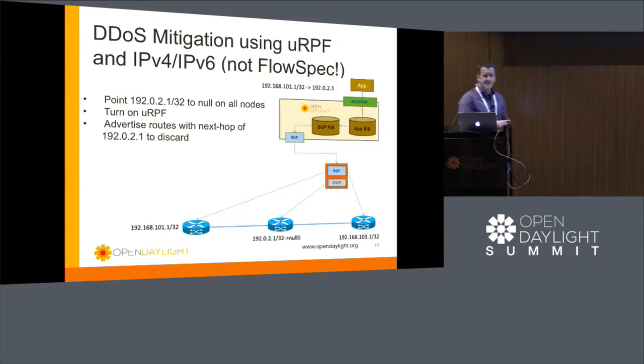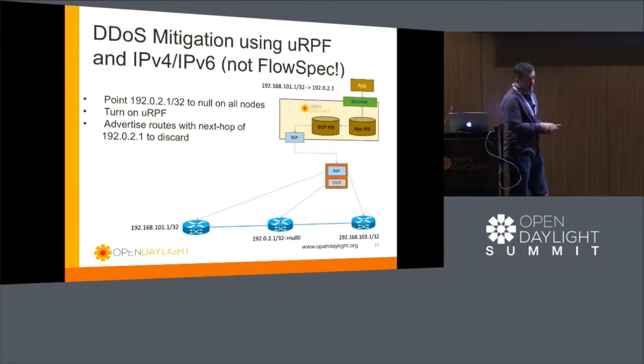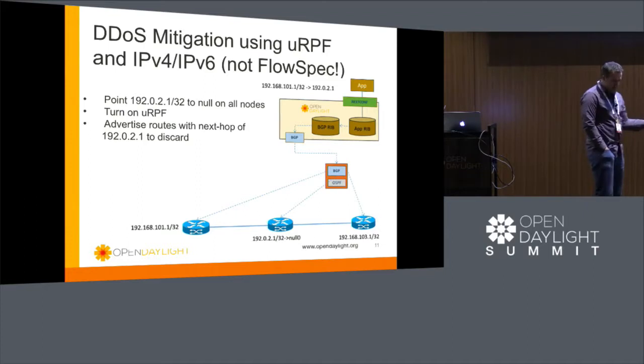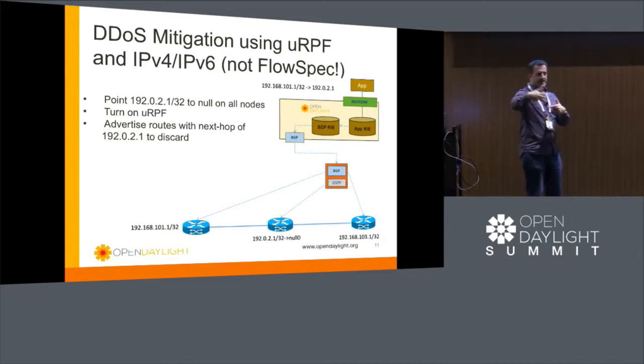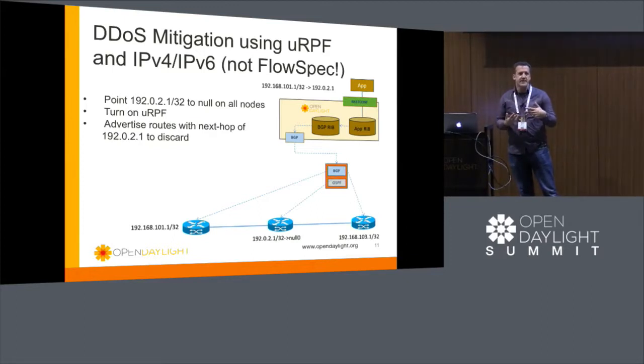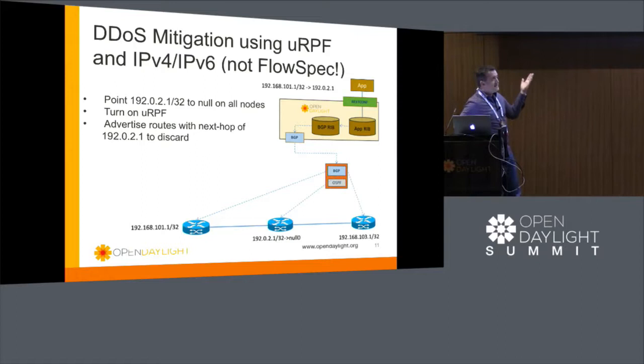There are actually a couple of different ways you can do DDoS mitigation. One is using flow spec. The alternative is, if what you want to do is just stop attackers, so you're not really worried about what they're attacking, and you're thinking more in terms of, OK, here's a bad actor, I want to drop their packets, you can use generic v4 or v6 unicast, but turn on unicast RPF.